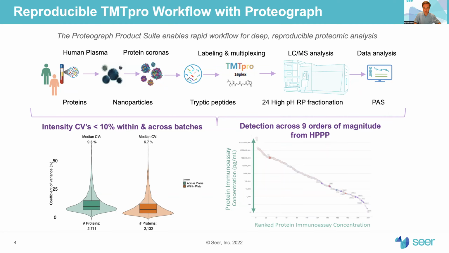Again, we found the data to be highly reproducible, and in this case, we found median protein group intensity CVs below 10%. Furthermore, if we map these proteins to the Human Plasma Proteome Project database, we see that we detect proteins across approximately 9 orders of magnitude, showing that we can achieve both reproducible and deep proteomics measurements.